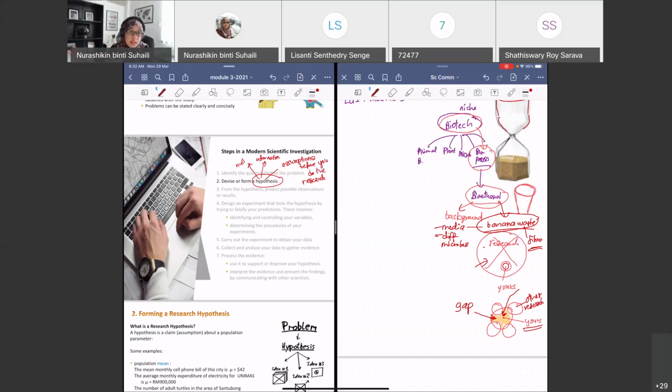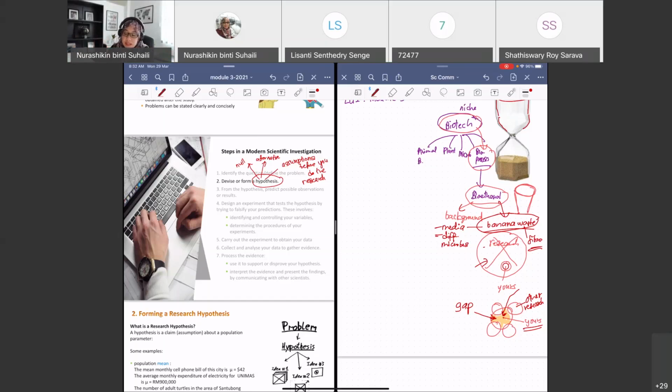What is the alternative hypothesis? Null hypothesis means there is no effect. Nothing happens even though you do the experiment. There's no change. That is null. So that is the null hypothesis.